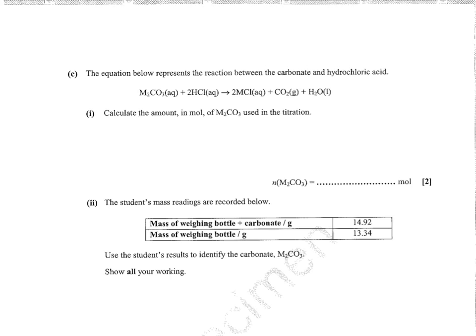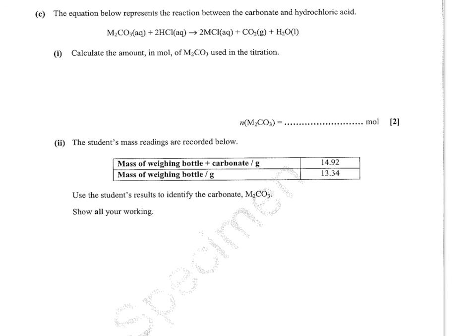The equation below represents the reaction between the carbonate and the hydrochloric acid. And you may recall a few minutes ago I told you to remember that we had 250 centimetres cubed as our stock solution that was made up to in a volumetric flask, and we used 25 centimetres cubed samples of that to titrate, therefore 1/10 of the original solution from which your weighed sample of carbonate was produced.